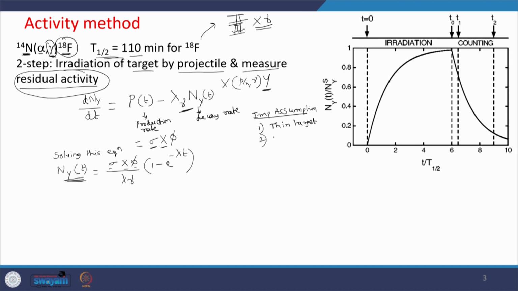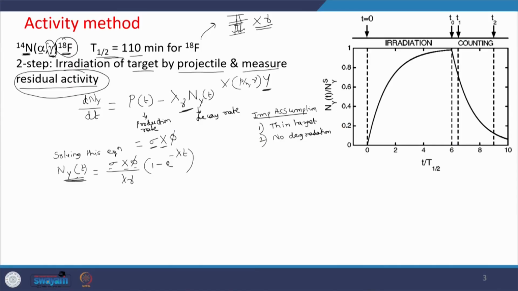Number 2, no degradation of the target, because if there is a deterioration in the target material due to any reason, there will be a change in the target nuclei, and here I am assuming there is no change in the target nuclei, that is X. So, these two assumptions are important. Whatever mathematics I am doing is under some important assumptions, which are normally applicable in most cases by taking proper precautions.